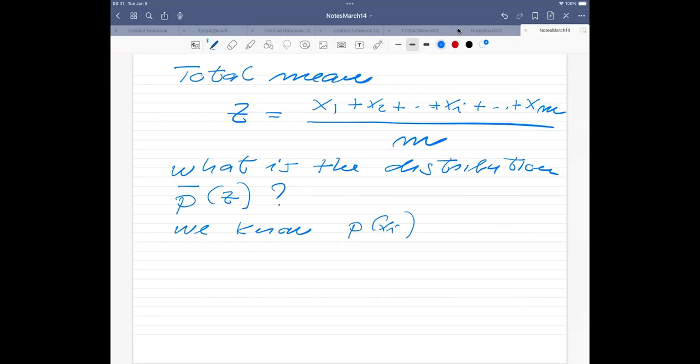That could be, let's say, a Poisson distribution, a student t distribution, a uniform one, an exponential, a Gaussian, or whatever. And then the question we're asking is, what is the distribution for the final one when we now look at all these measurements put together?